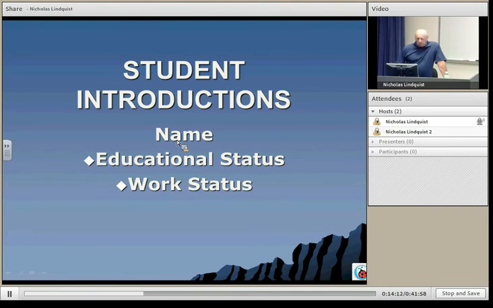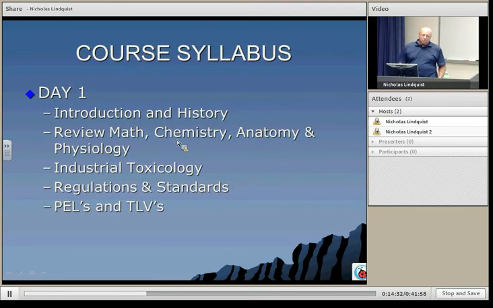We'll have a small section on industrial toxicology. For any of you who have taken Dr. Olson's course on industrial toxicology, this will be a quick refresher of some of the material you most likely learned from that course. And then we'll end the day talking about regulations and standards and permissible exposure limits and TLVs.